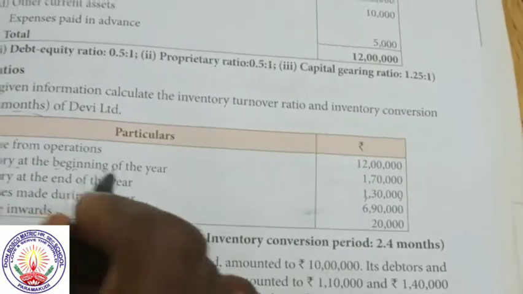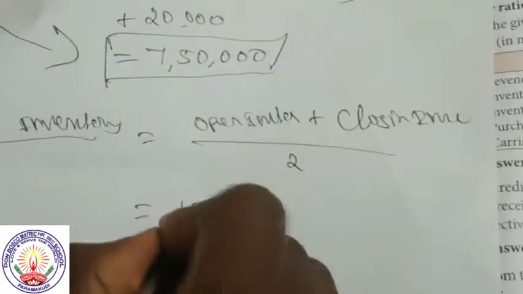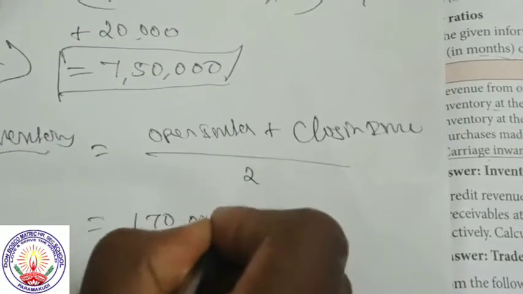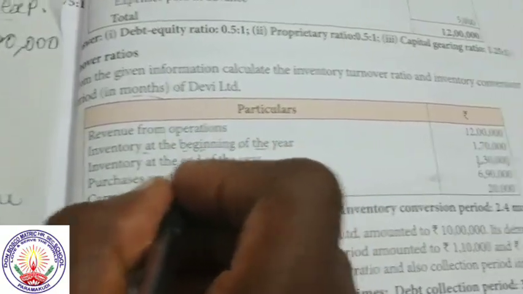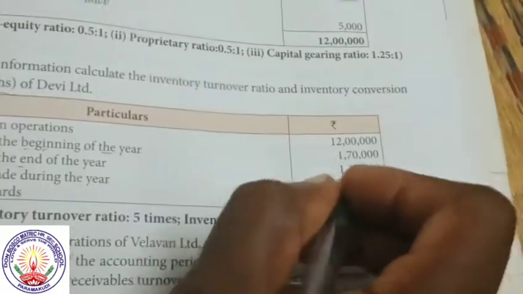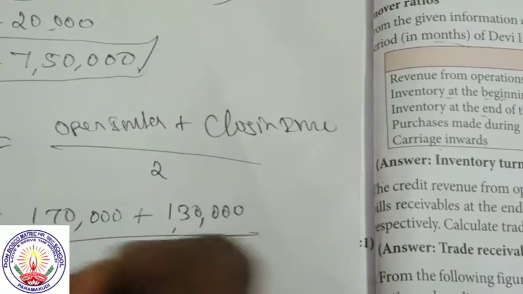Opening inventory, how much rupees? Inventory at the beginning of the year, beginning means opening, 1,70,000, plus closing inventory at the end of the year. End means closing. How much rupees? 1,30,000, divided by 2.